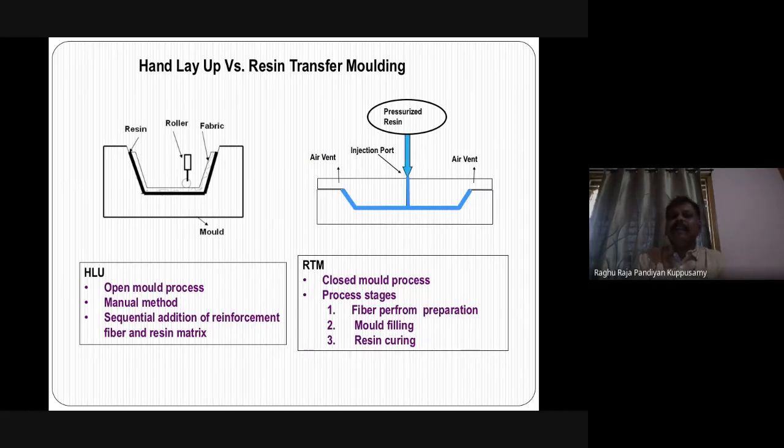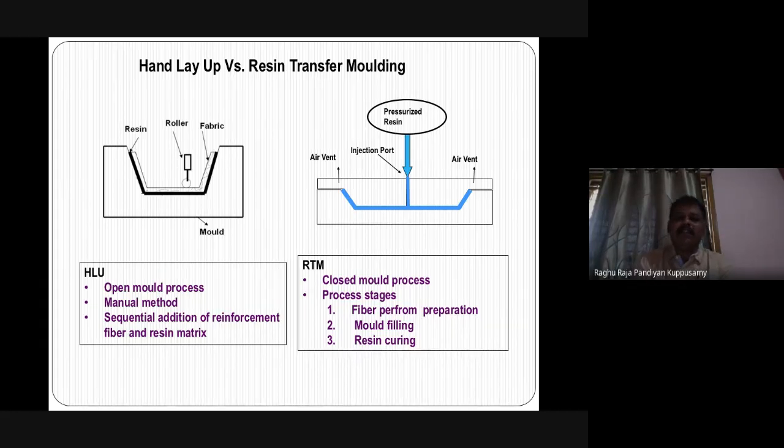Here I am comparing hand layup versus resin transfer molding because these days, if you want to manufacture a complex or large product, people always prefer hand layup compared to higher-end manufacturing processes, because the first thing you need is a mold. For higher-end processes, it is very difficult to initiate the process and develop the prototype.